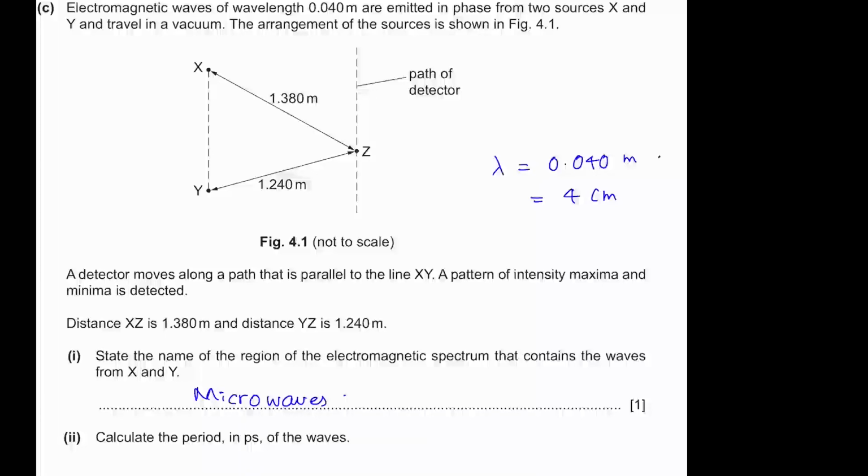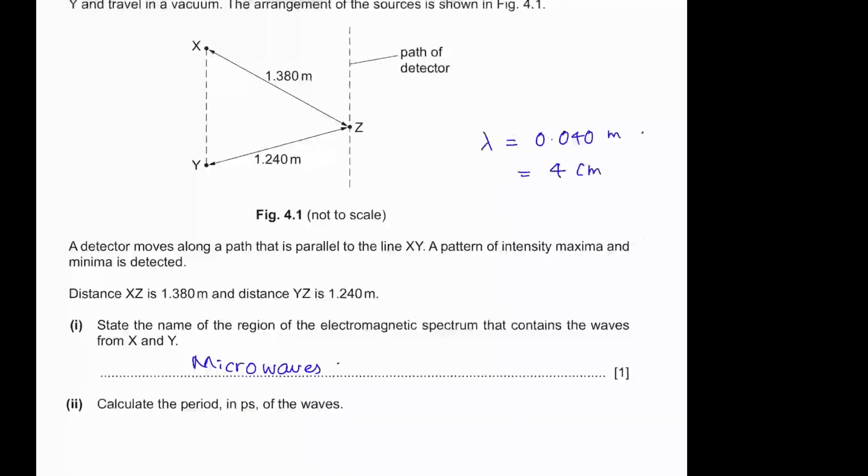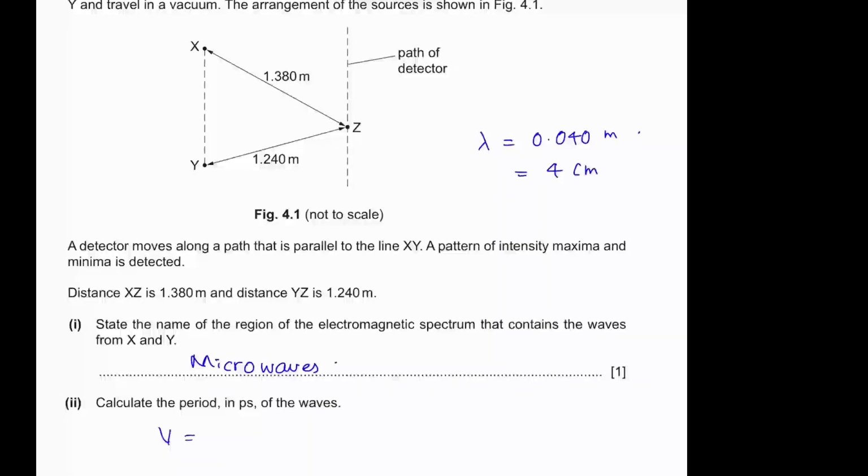Okay. Calculate the period in picoseconds of the waves. So V equals f lambda. V is 3 into 10 to the power 8, lambda is 0.040. So f is equal to 3 into 10 to the power 8 divided by 0.04, which is 7.5 into 10 to the power 9 hertz.